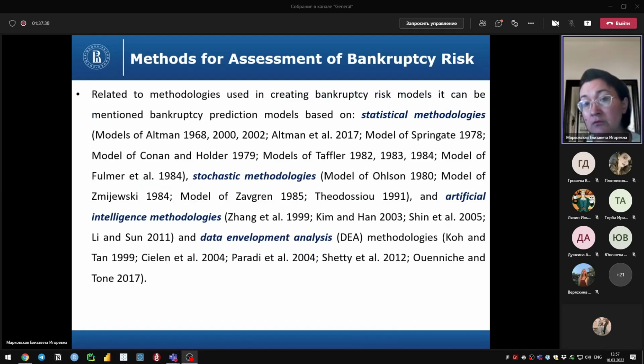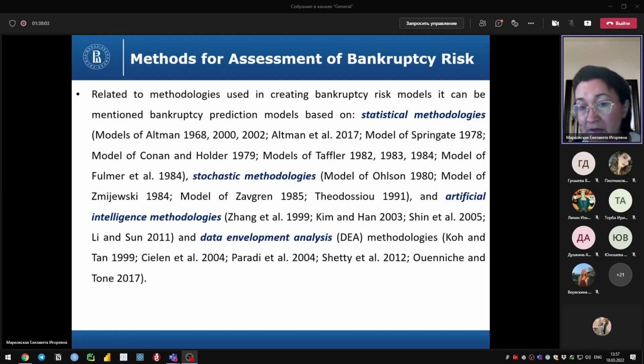Okay, so in order to predict the bankruptcy risk, we can use different types of methodology: statistical, stochastic, artificial intelligence methodology, data envelopment analysis.